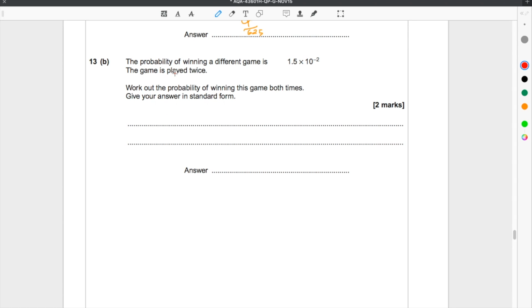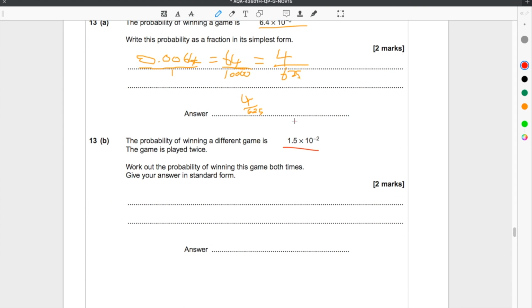13b. The probability of winning a different game is 1.5 times 10 to the minus 2. Work out the probability of winning this game both times. Give your answer in standard form. So the game's played twice, so if the probability of winning the game once is this, you can think back to probability tree diagrams.